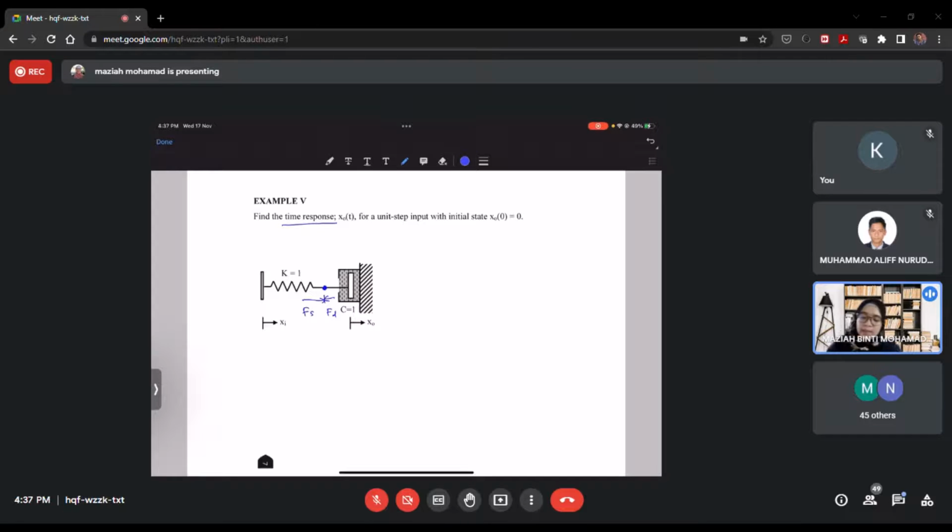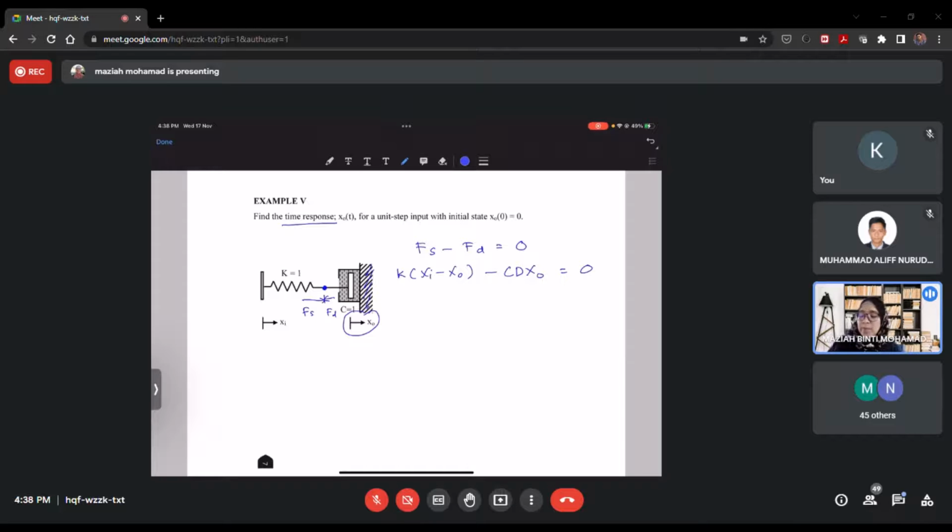So basically the equation is Fs minus Fd is equal to 0. We consider the force at that point is equal to 0. So we replace K(xi minus x naught) minus CD x naught equal to 0. As for the damper, it only relates to the x naught. Only one side changes with xi, the other side is the wall, so that's why it only contains x naught.